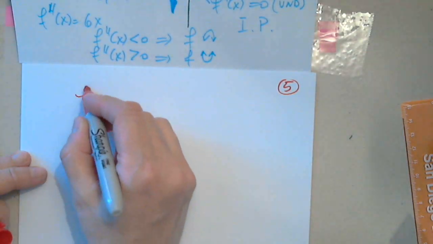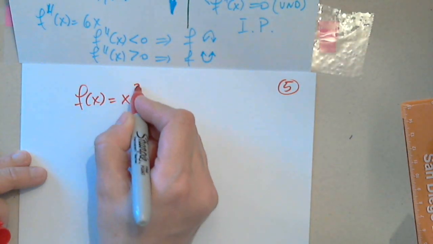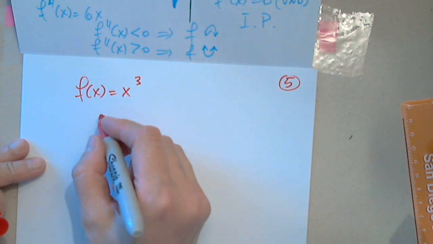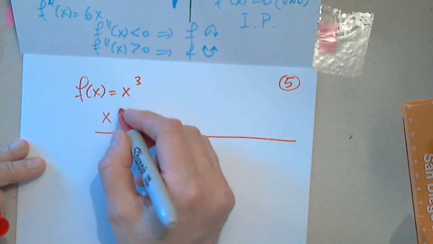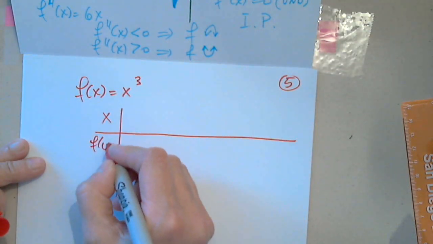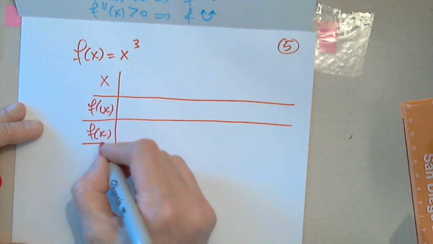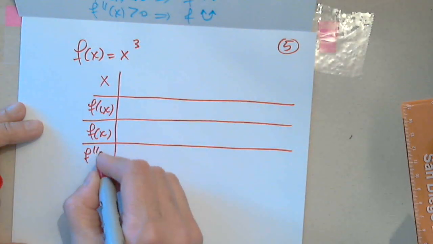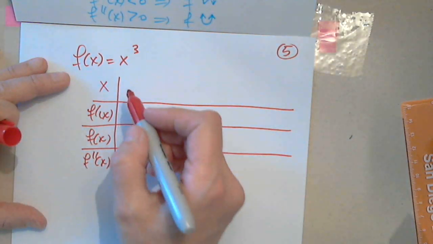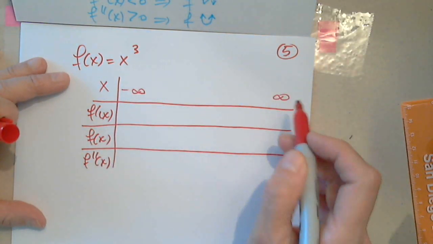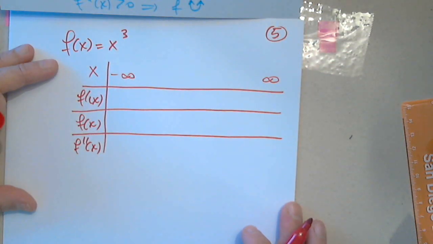So we want to look again for a moment at x cubed, right? So here is my table: f prime of x, f of x, and the second derivative. Obviously, the domain is all real numbers. It's a polynomial function.